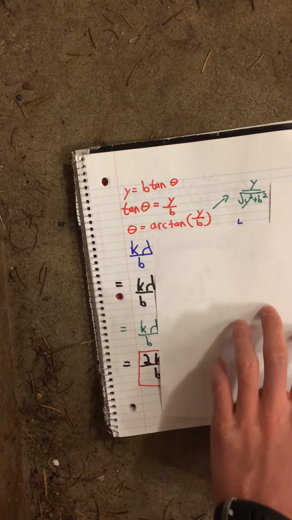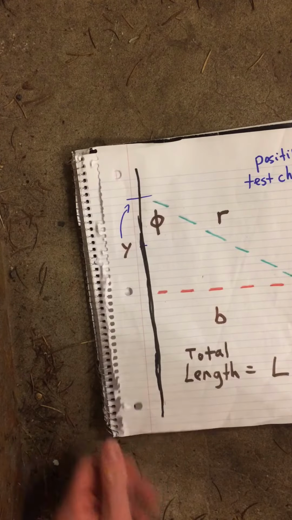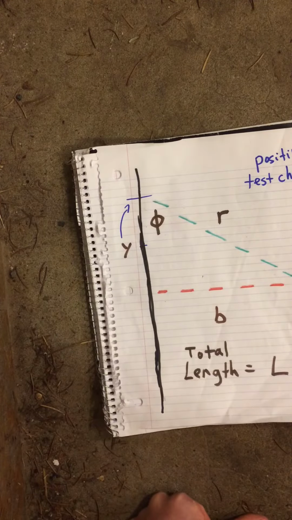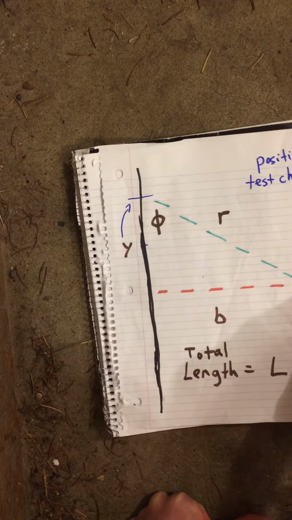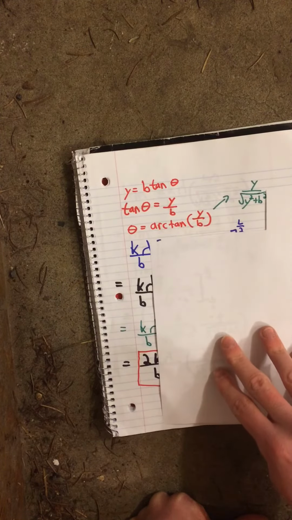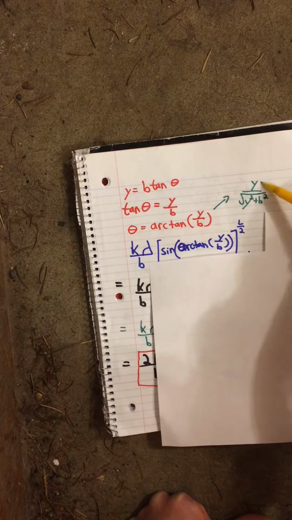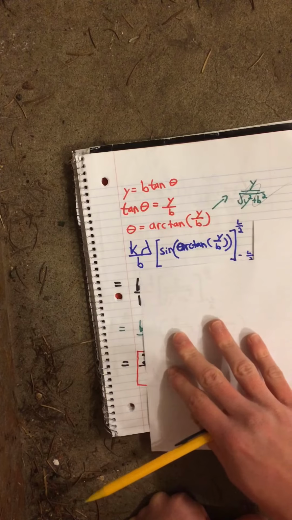So what is arctangent of y over b? Well, if the tangent of the angle were y over b, then it must be this angle here. Oh, this is actually an angle. This is incorrect. Forget that.